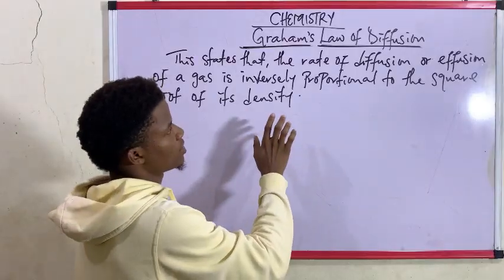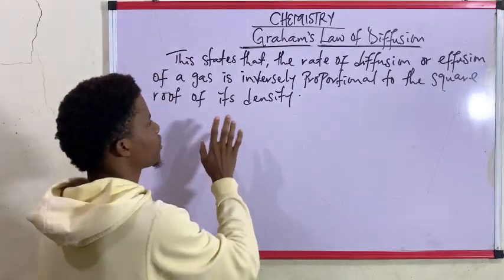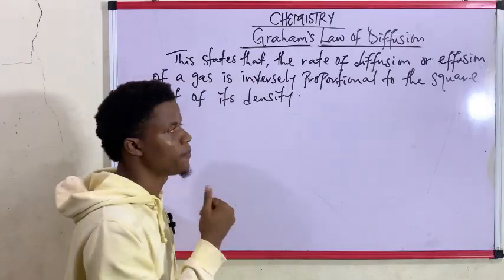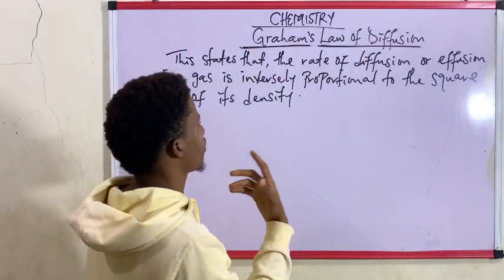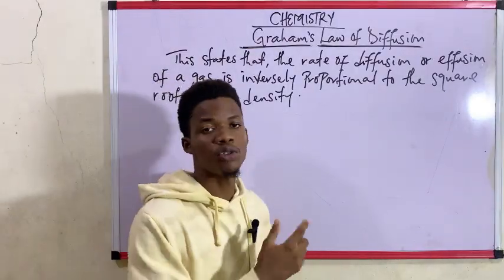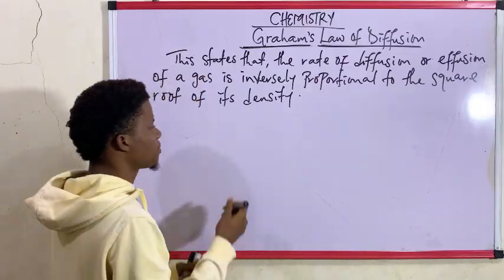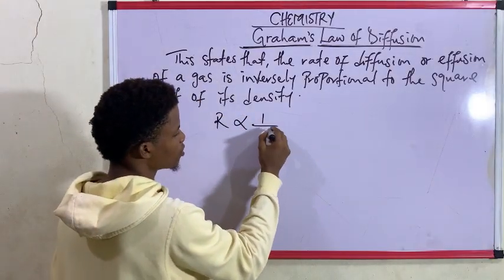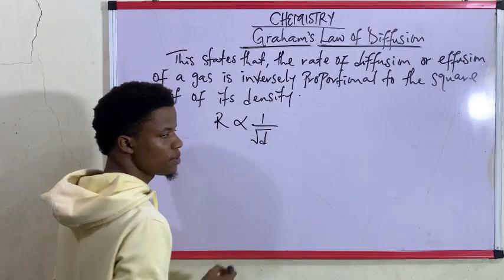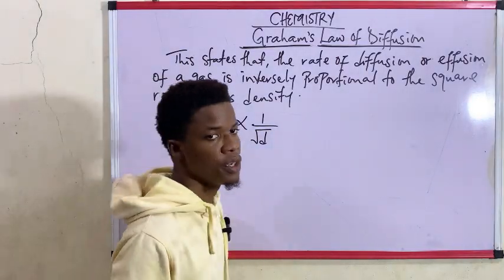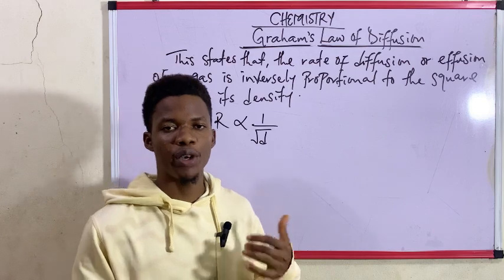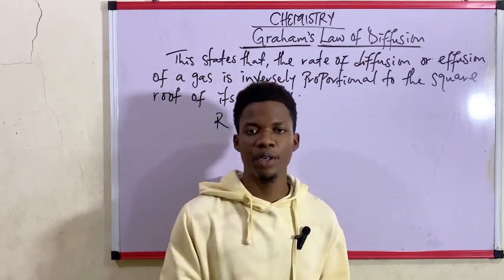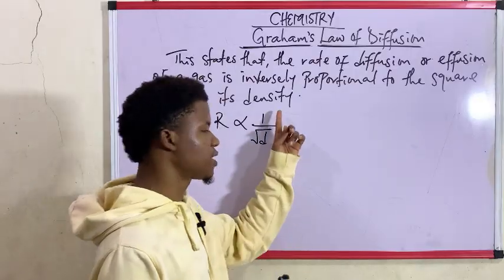What does Graham's law of diffusion simply state? It states that the rate of diffusion or effusion of a gas is inversely proportional to the square root of its density. So that simply means the higher the rate of a gas, the lower the density, because they are inversely proportional.